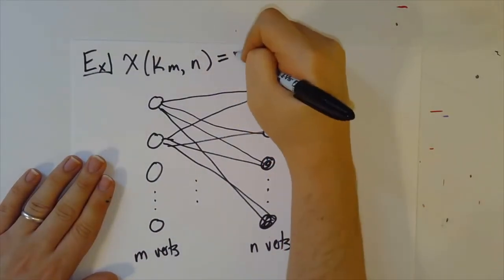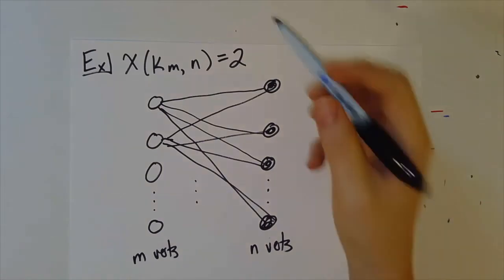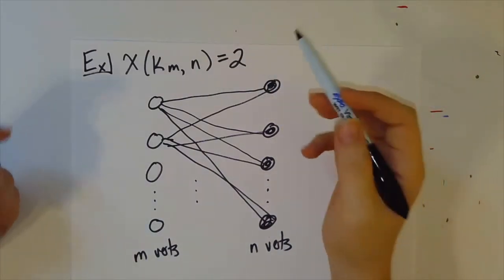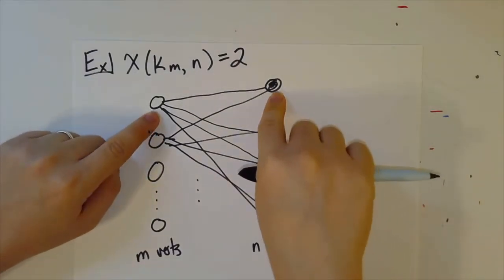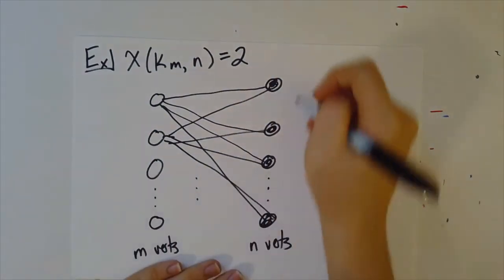And so the chromatic number of the complete bipartite graph is 2. Note, I definitely can't color it in one color because there are 2 vertices that are adjacent. And so the chromatic number here is 2.